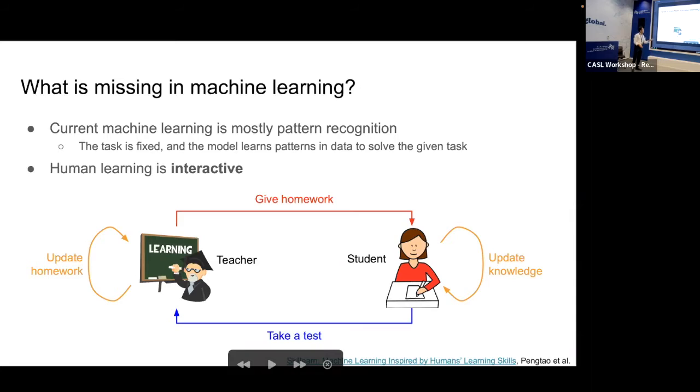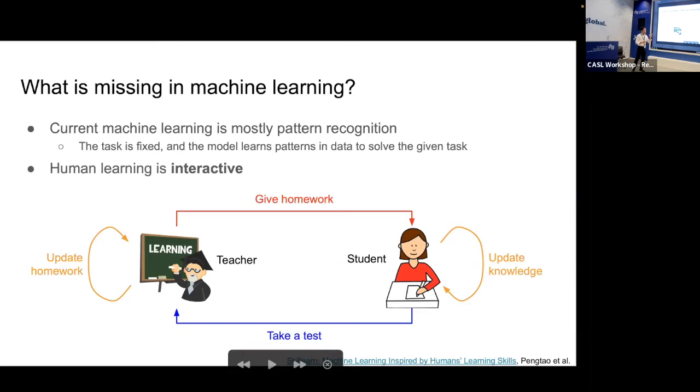But in human learning, as shown in the figure below, let's consider the school interactive learning experience. For example, the teacher gives homework to students, and given this homework, students try to solve all the homework and update their knowledge. After finishing homework, students take a test. Then the teacher evaluates the students' performance in the test, and if they are not performing well, the teacher also updates the homework to give a better learning experience for students.